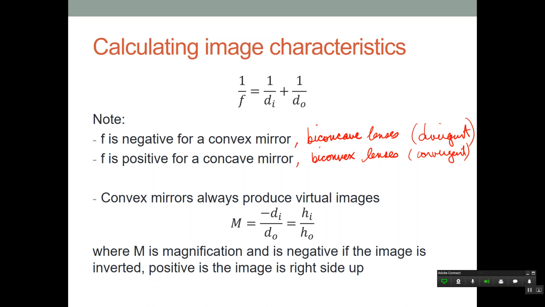All right, now let's talk about magnification. What does it mean if magnification is greater than 1? It means it's magnified or enlarged, right? What if it's less than negative 1? Smaller and inverted?